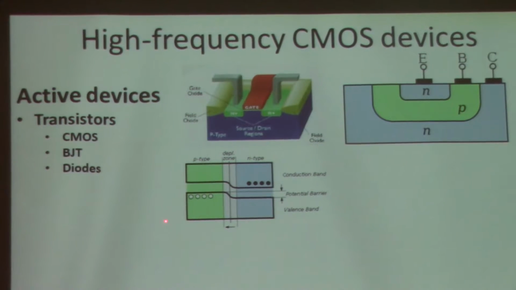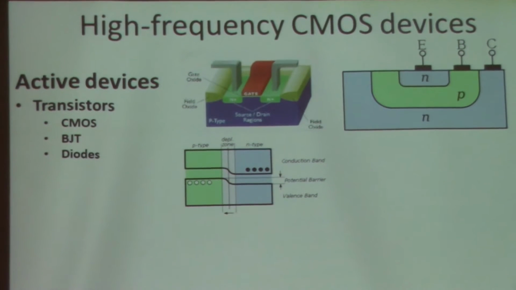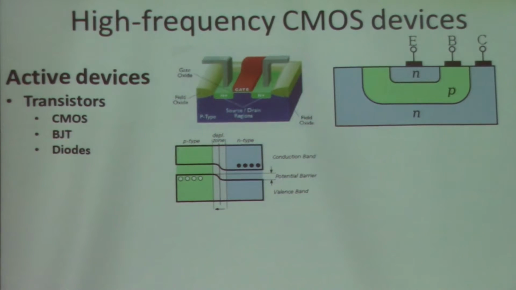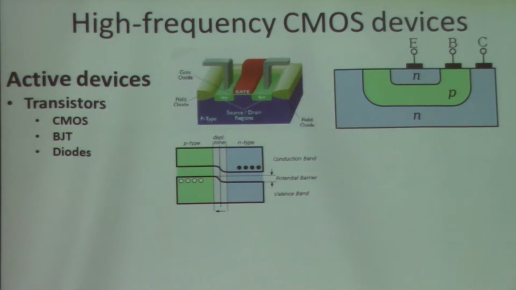And don't forget the diodes. You need the three, mostly. Speaking of diodes, I don't have other data to show you, but I would like to mention that so-called terahertz sources and terahertz circuits are now mostly built with diodes, Schottky diodes actually. Okay.